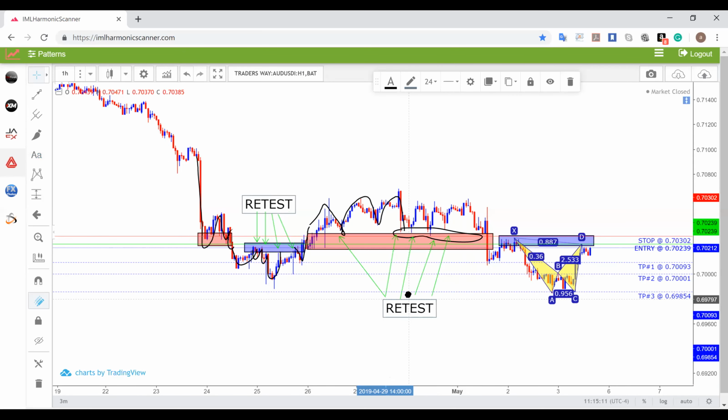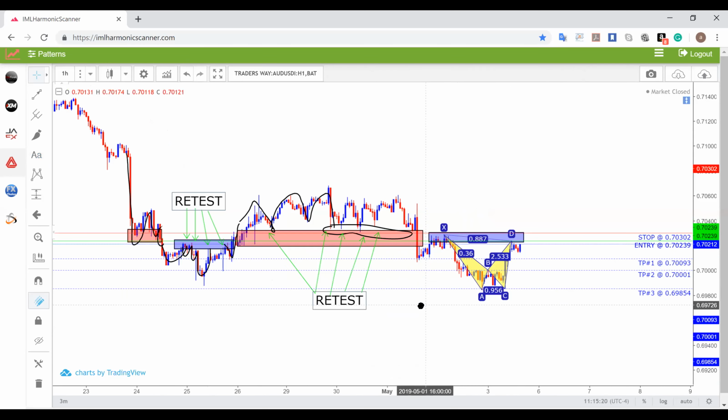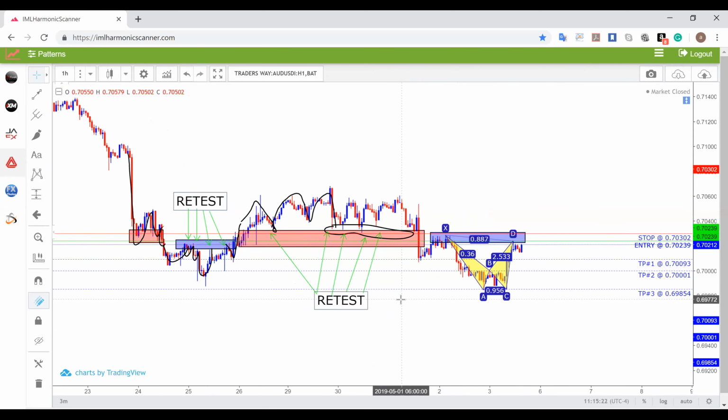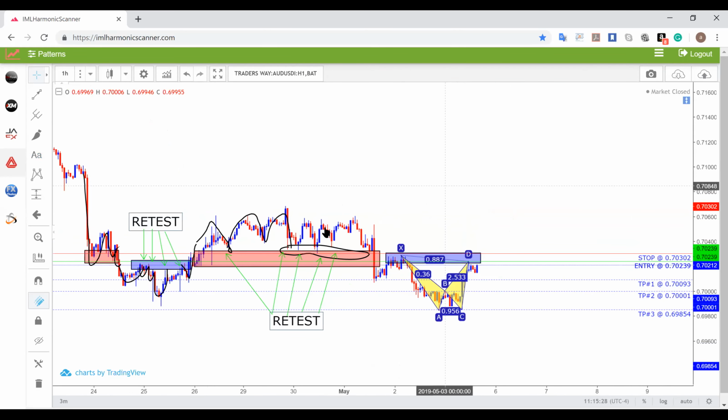But this was me just trying to find ways to remember it when I was learning, right? So this is your retest. Now that you understand what your retest is and you understand what support and resistance is, anybody have any questions on that so far? Let me look at the chat box.